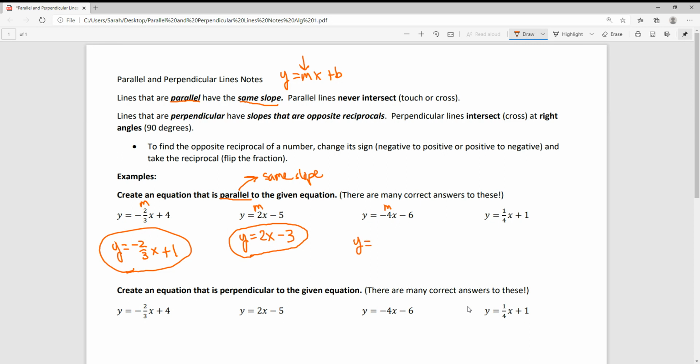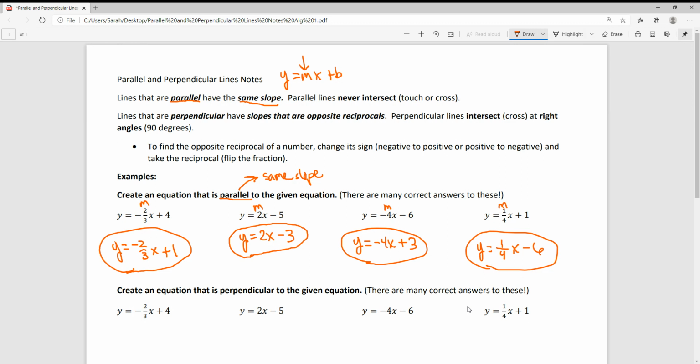One that would work, y equals negative 4x plus 3. Last but not least, of these ones at least, slope is 1 over 4. So I need to write another equation with slope of 1 over 4. One that would work, y equals 1/4 x minus 6. So your b number can be pretty much any number you want. Just pick one that's different than the original equation they give you.